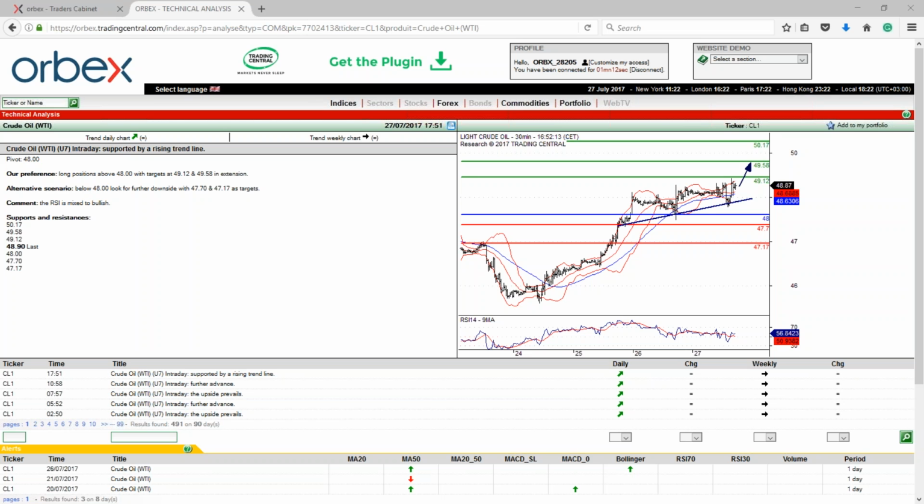Okay, so if you're interested in learning how to use these indicators, then the way that the Trading Central updates will help you is that you'll quickly understand the way that these indicators are tracking and forecasting price movement. So you'll be able to pull up the charts yourselves, put these indicators on, and be able to take a decision on the market yourself. So you'll be able to establish your own directional view.